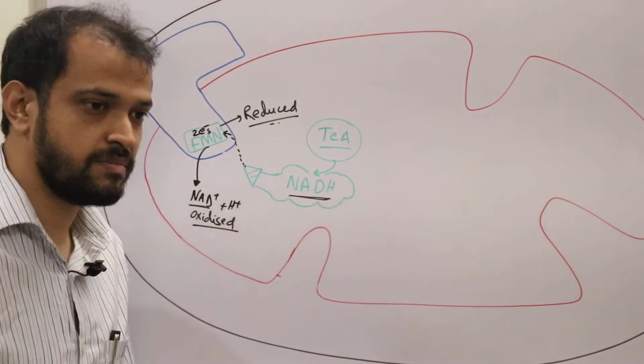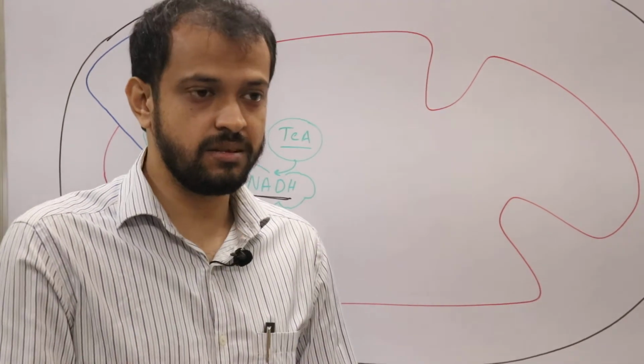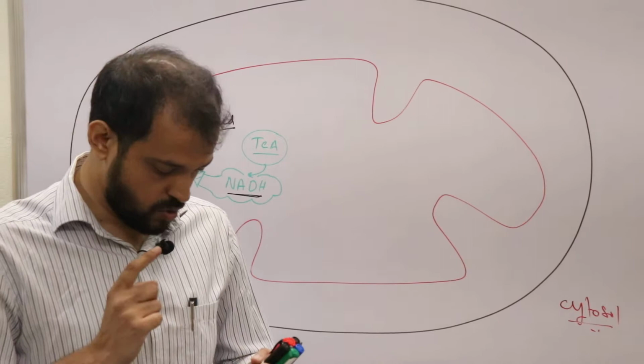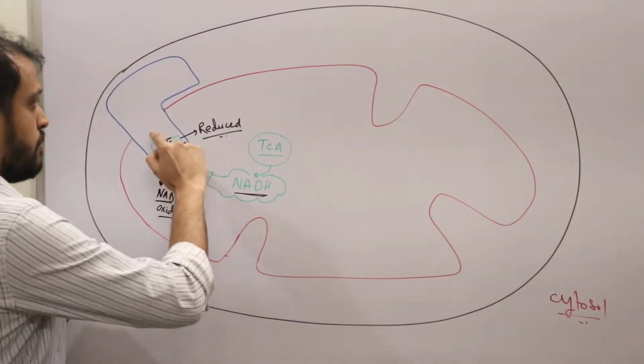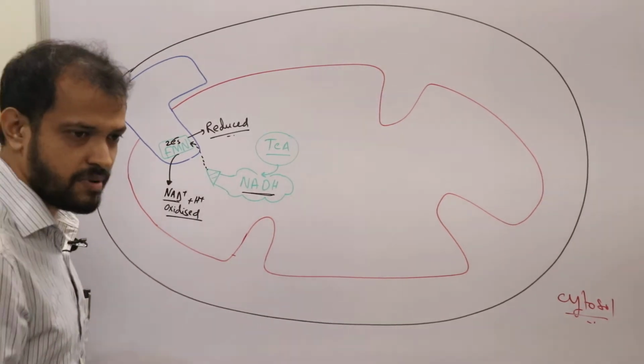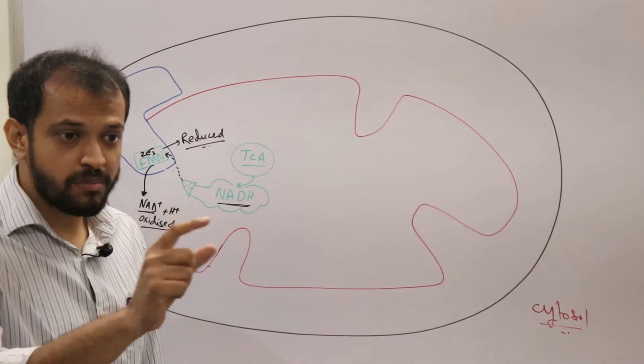That means ETS can be very well explained if you understand it this way, that it is nothing but an oxidoreductive cycle going on in the mitochondrial inner membrane. Not only the inner membrane, it is actually going on in the prosthetic groups of mitochondrial inner membrane proteins.